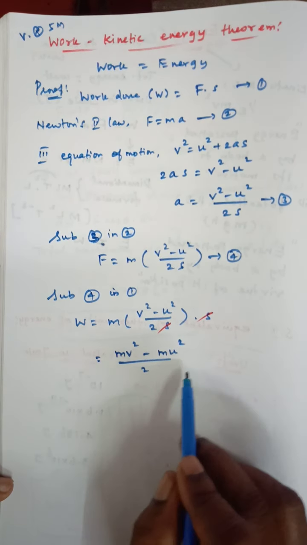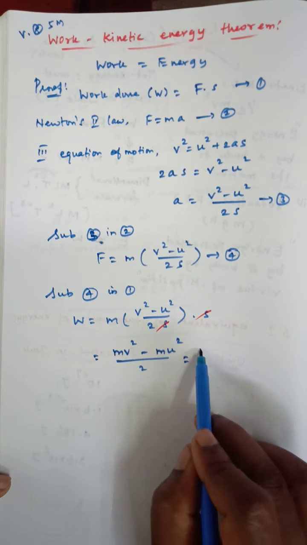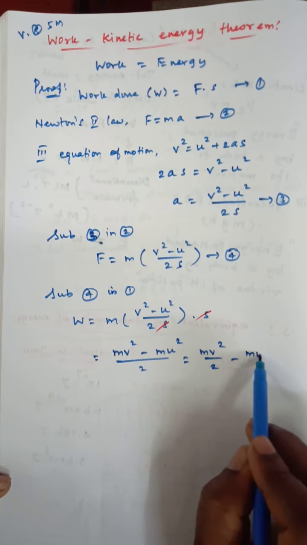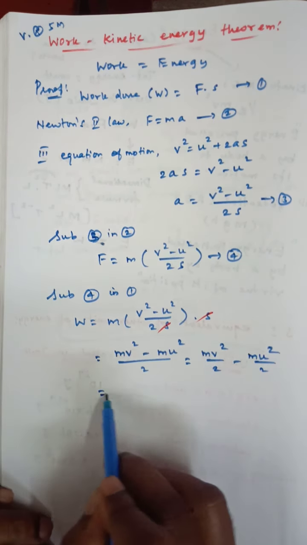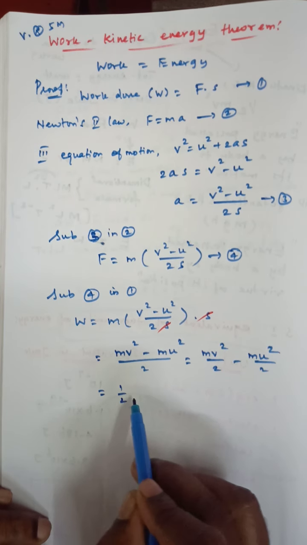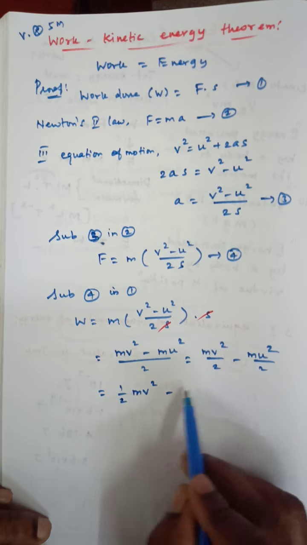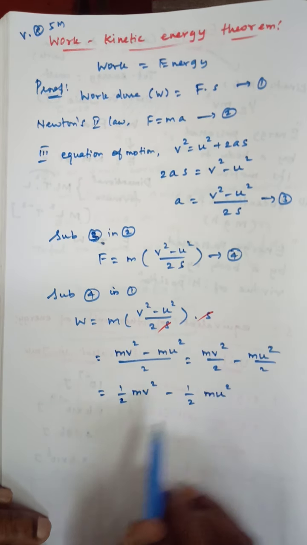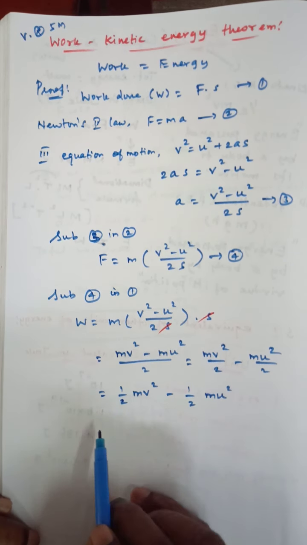Now we can write it separately, because this 2 is common to both terms. So we write M V square by 2 minus M U square by 2, that is, half M V square minus half M U square.